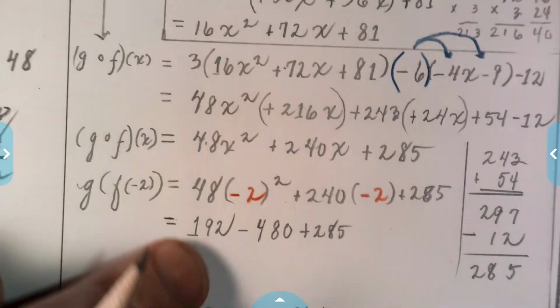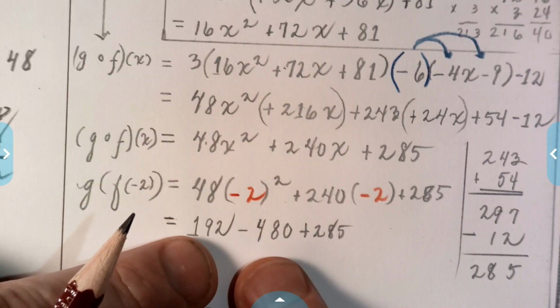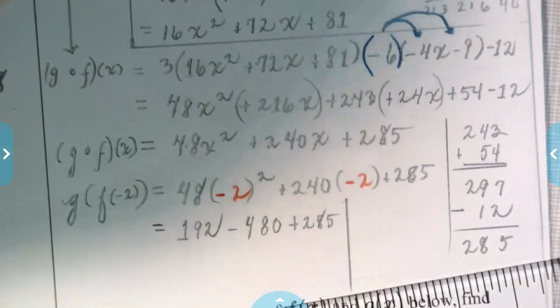Okay, so if we want to take 480 from 192, the way that we're going to have to do it is kind of like backwards.